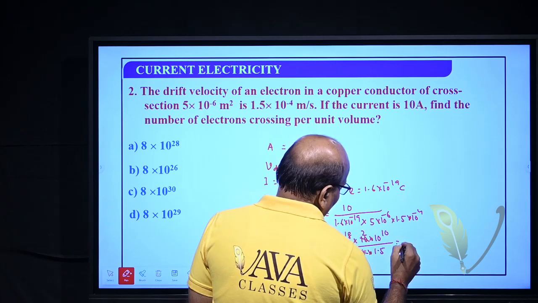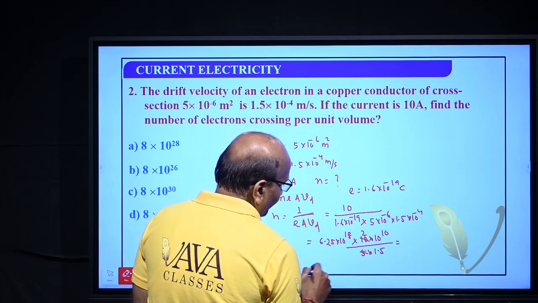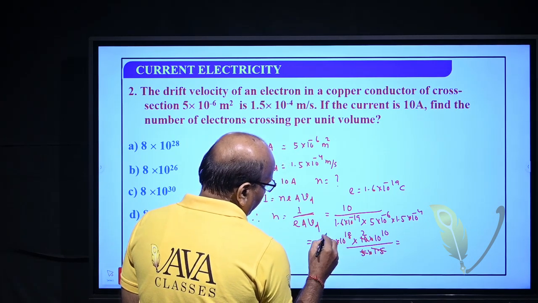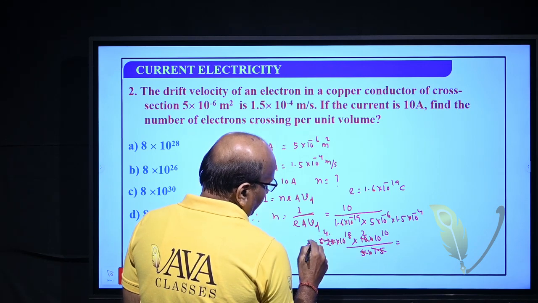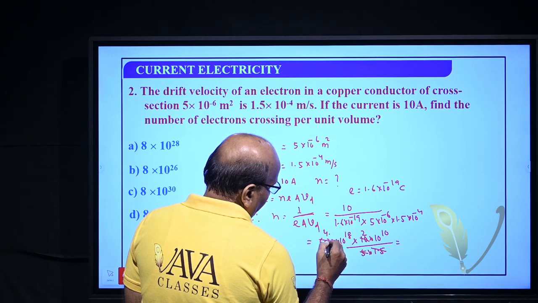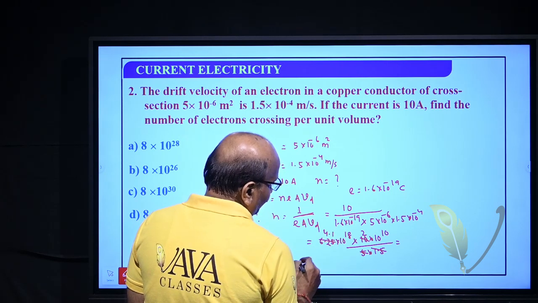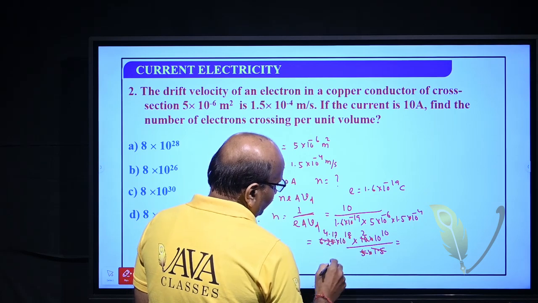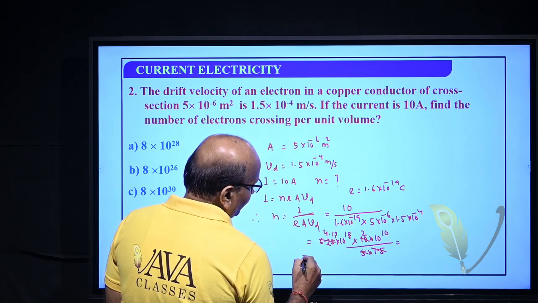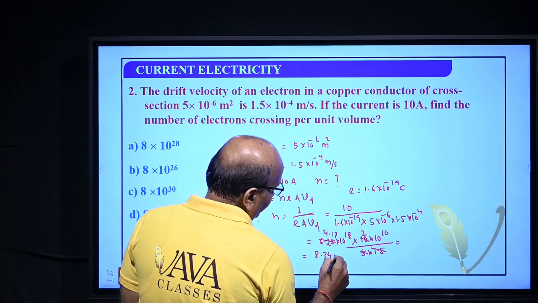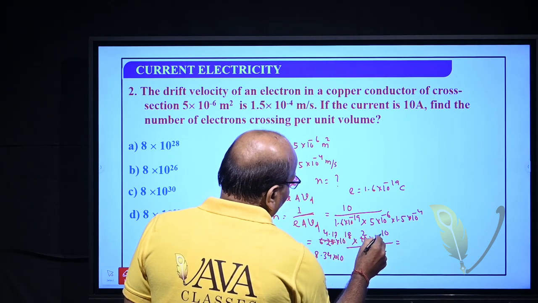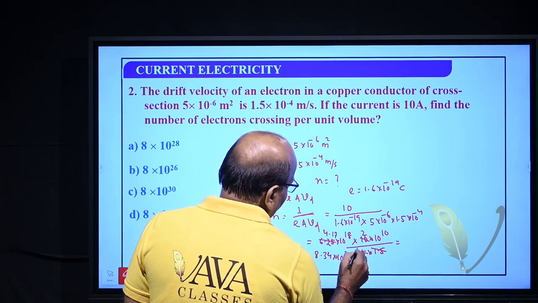So, nearly it is equal to 8.34 into 10 to the power 28.